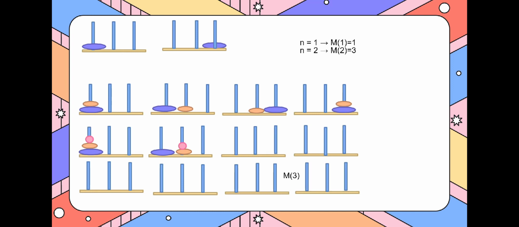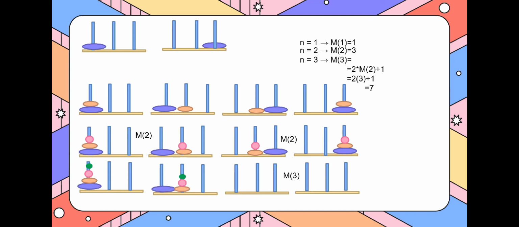As you can see, if we have 3 discs and we use the recursive pattern n-1 and put the n-1 in rod B, then the steps we made are just the same as in M of 2. So we can suggest a formula: 2 multiplied by M of 2 plus 1. So that is equal to 7 steps.